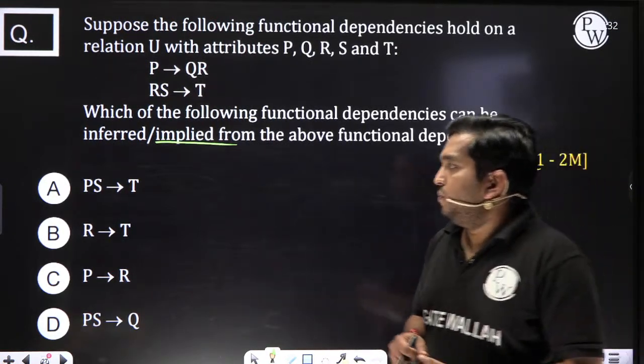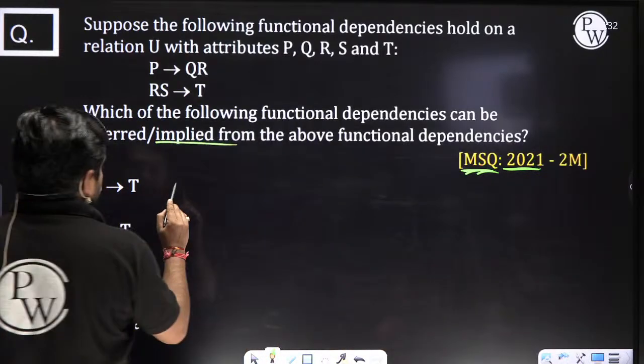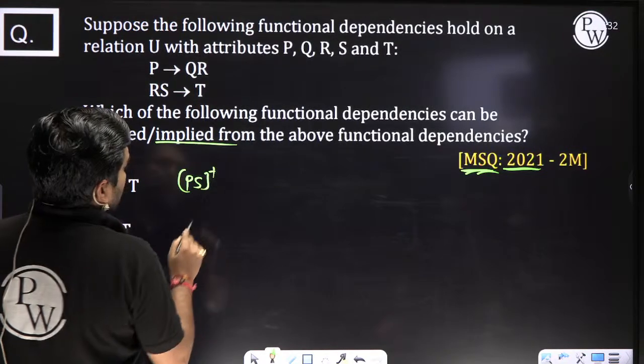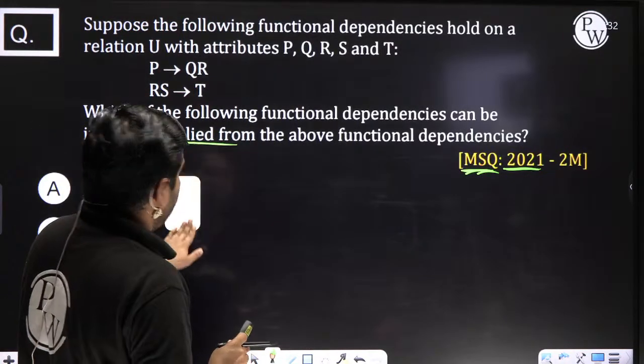What we have to do? I will not tell. You try, beta.